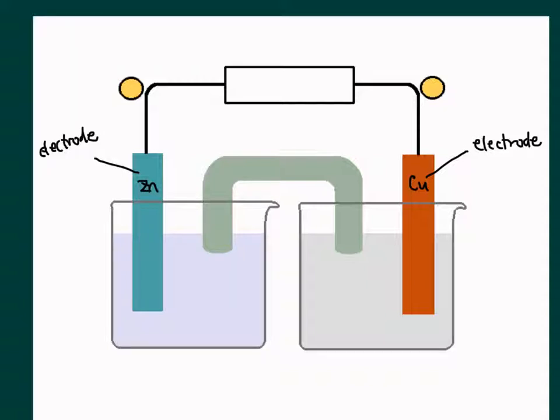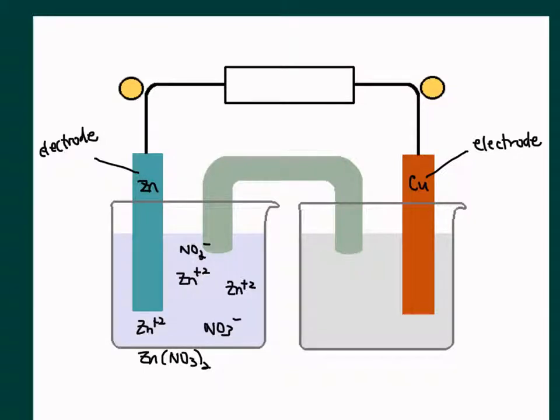And the zinc electrode is submerged in a solution of zinc, so some sort of zinc salt, like say zinc nitrate. So what you really have in this solution is a whole bunch of zinc ions floating around in there, and a whole bunch of nitrate ions floating around in there.